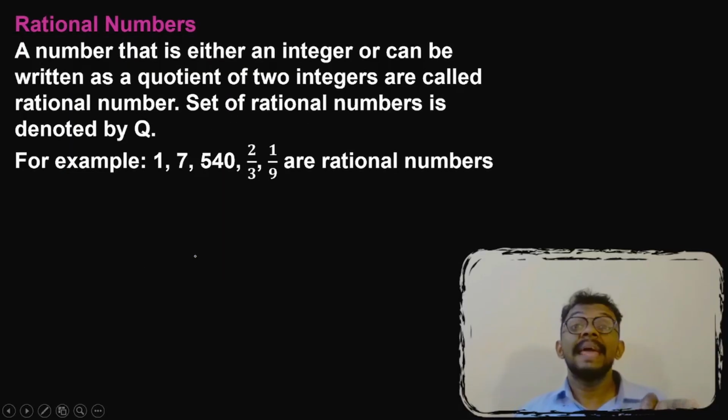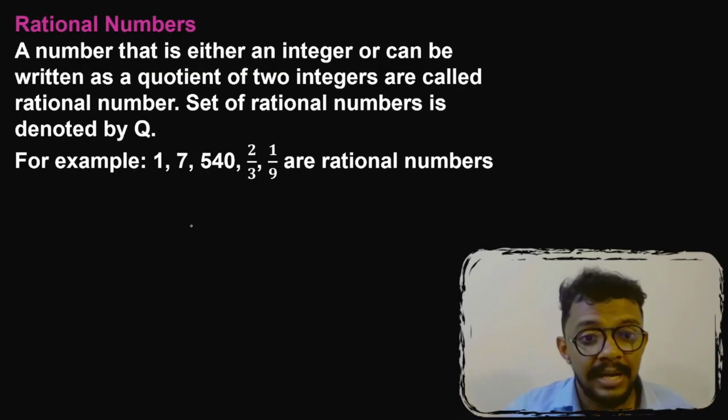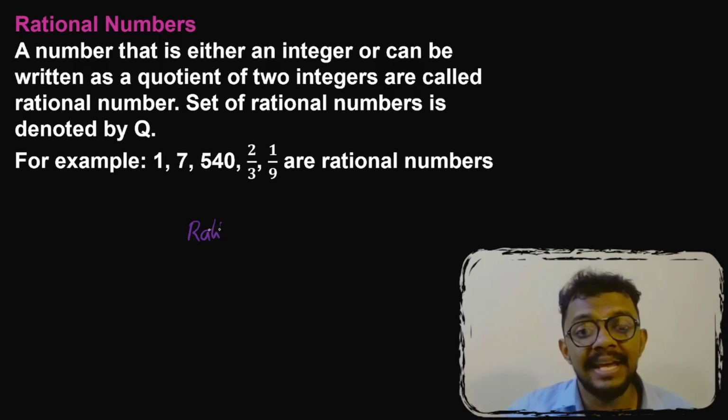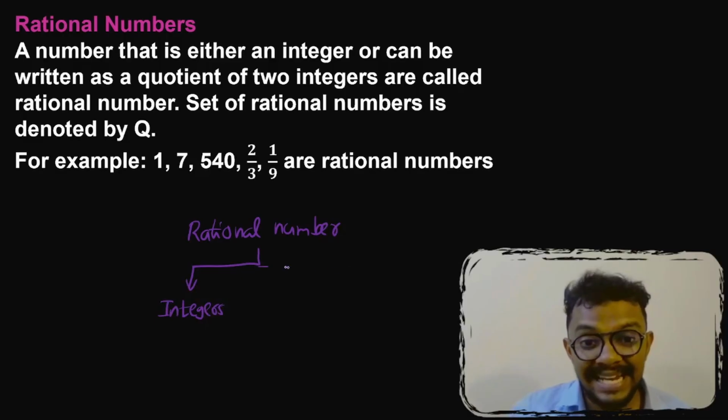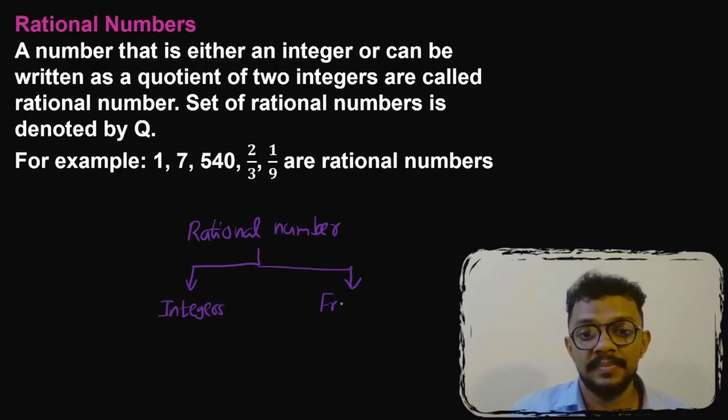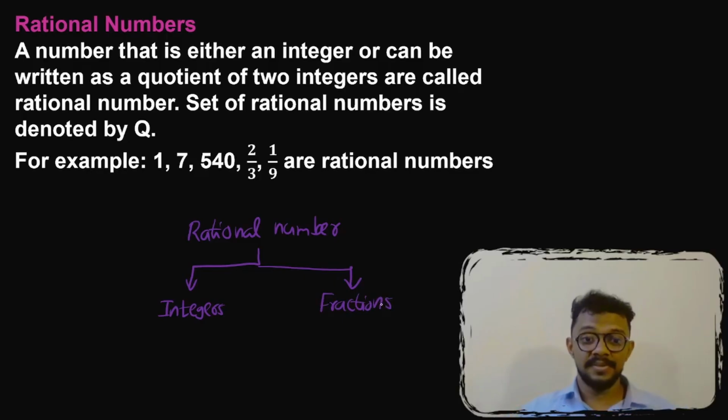Basically, I can divide rational numbers into two: first, integers, and second, fractions. Rational numbers other than integers are called fractions.